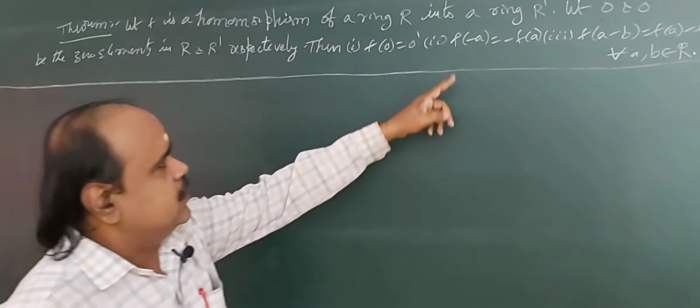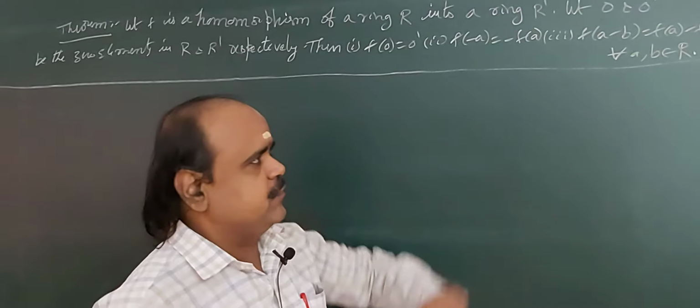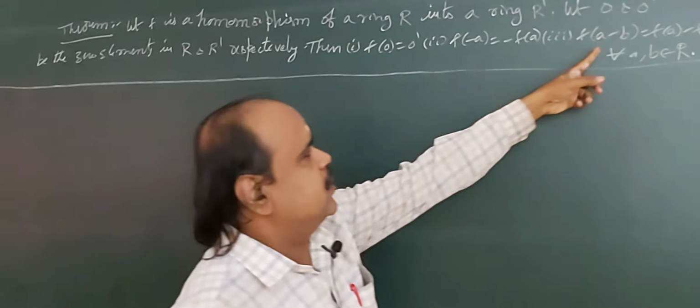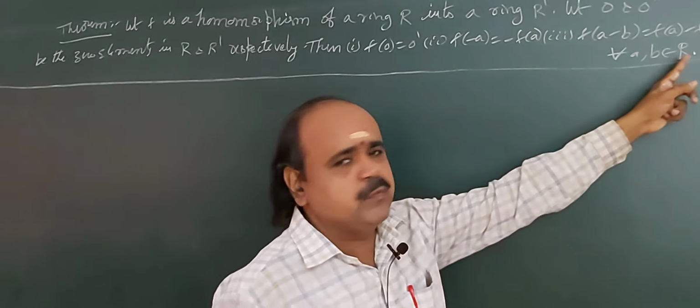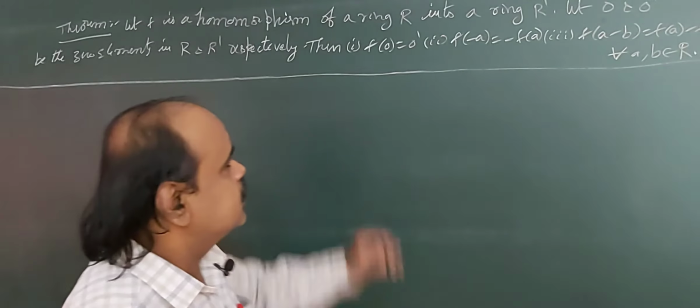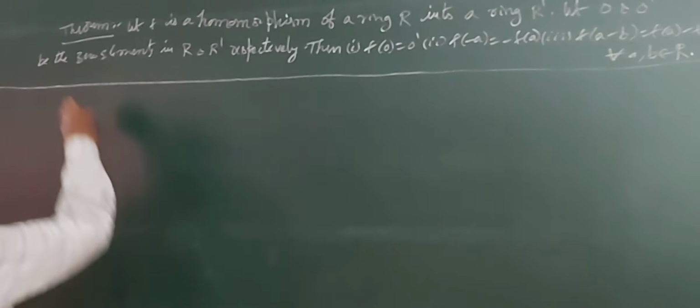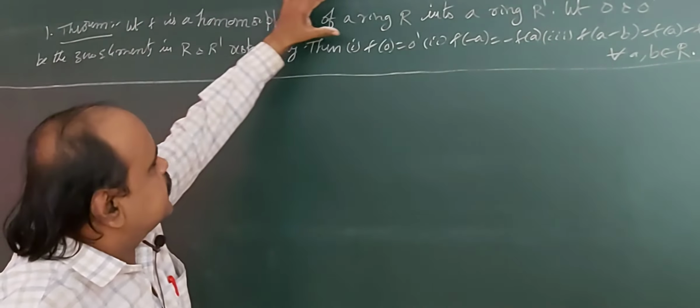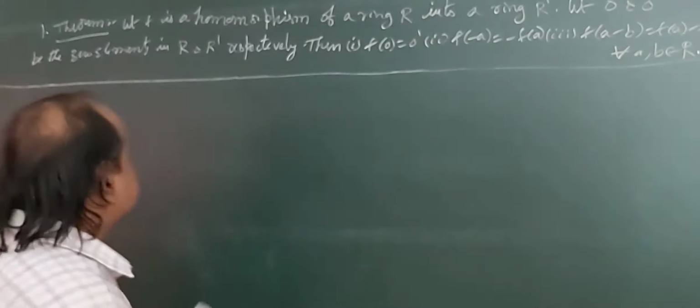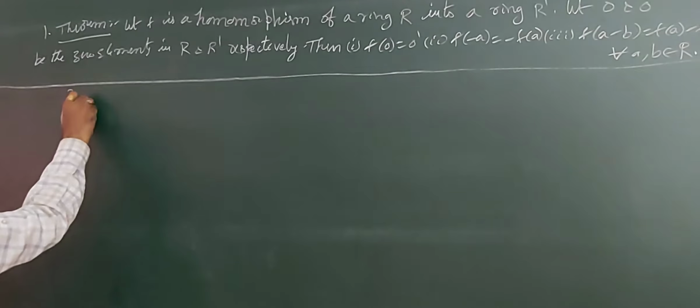Second, f of minus a equals minus f of a. And the last one, f of a minus b equals f of a minus f of b for all a, b belonging to R. So this is what we are going to prove. Okay, this is the first theorem. So f is a homomorphism of a ring capital R into a ring R dash. So first of all, write down the proof.